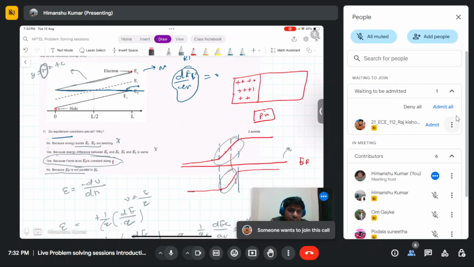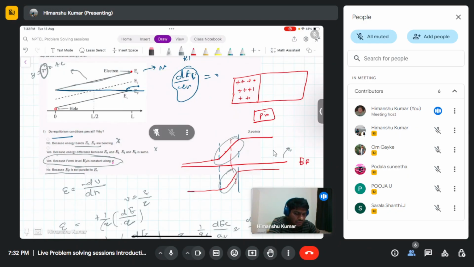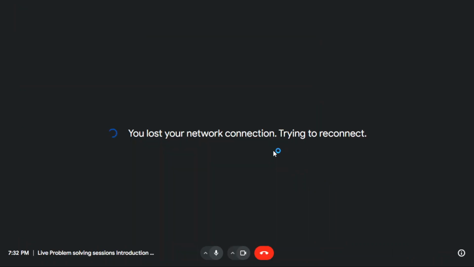So if m is fixed, your slope dE by dx is fixed. So that's why your field is fixed. The electric field is constant in this case, and since this slope is a positive value, the electric field will be positive.